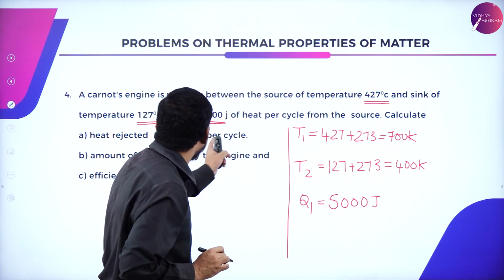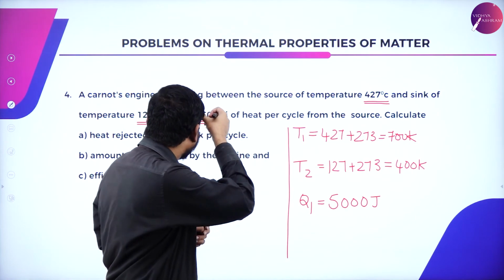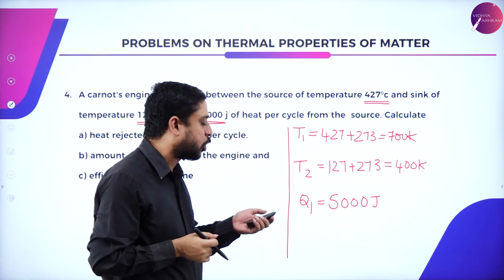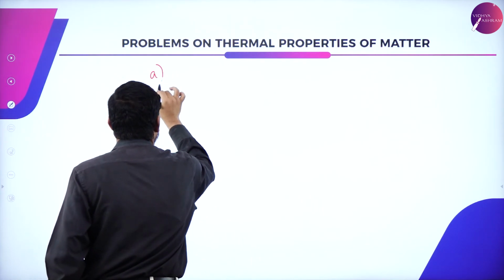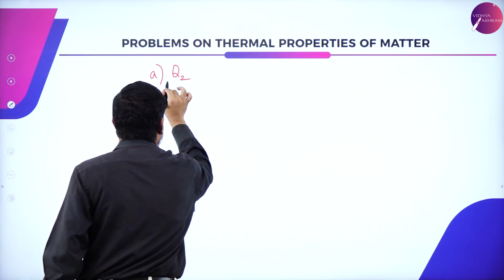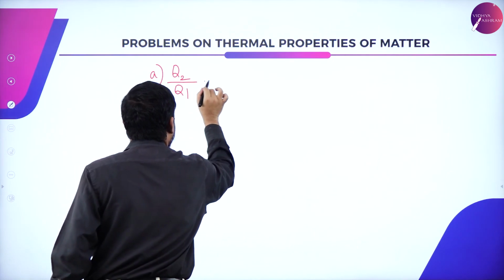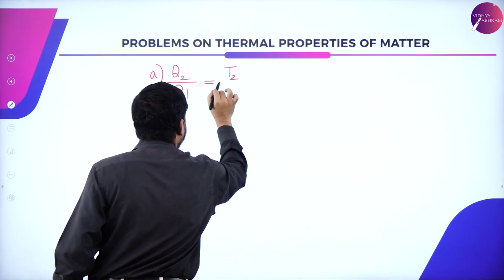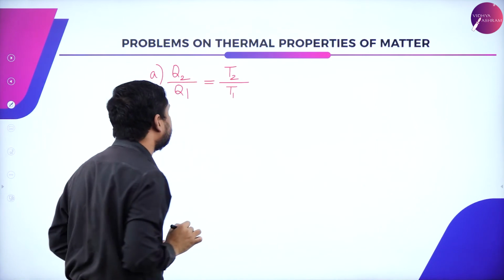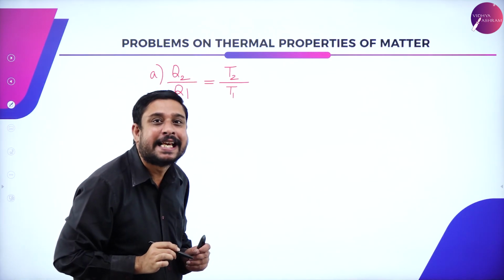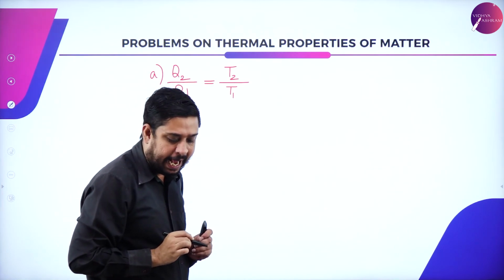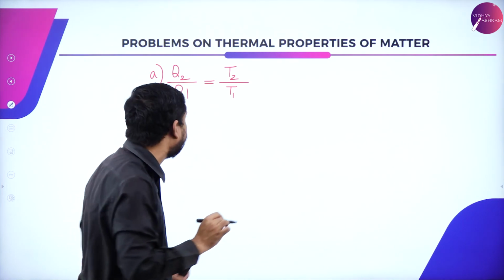Now I have to first find the heat rejected to the sink, as we always do. So this is Q2 by Q1 is T2 by T1. Heat rejected to the sink, Q2, has to be calculated.